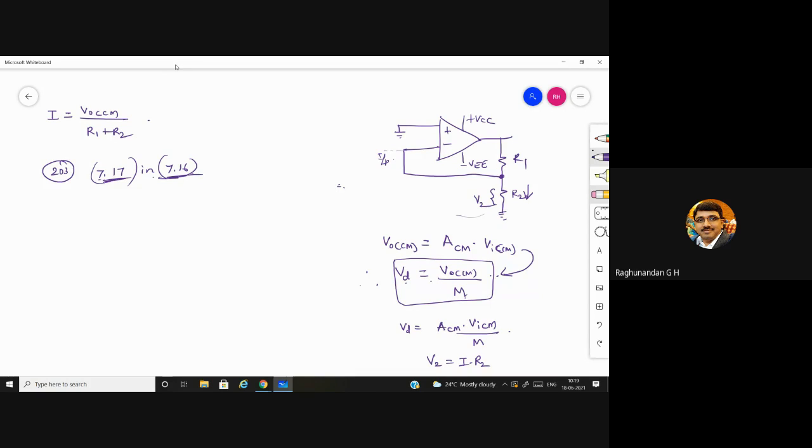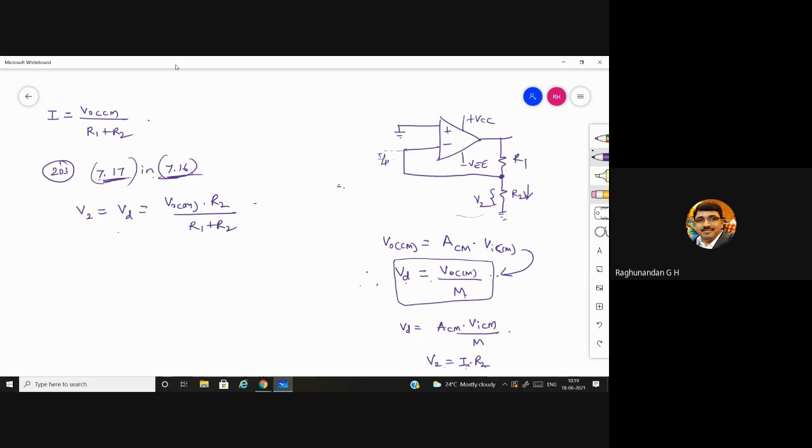After substitution, we get V2, which is equal to Vd, is equal to V0 CM into R2 by R1 plus R2. So we are just substituting the I value in the V2 is equal to I into R2 equation.